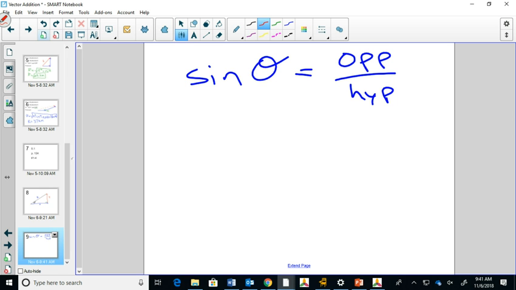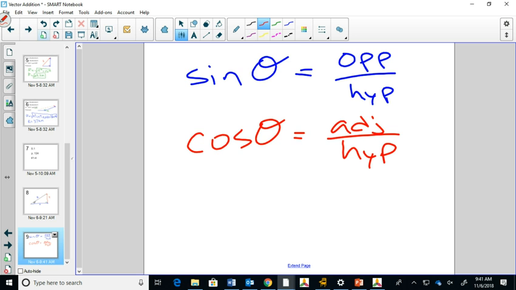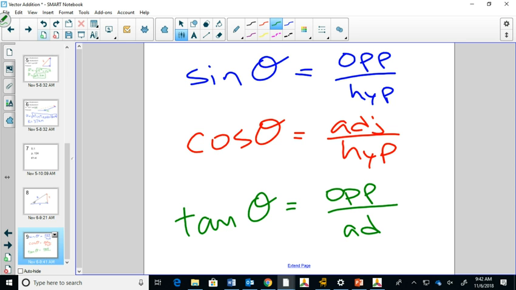If I'm looking for the cosine of theta, cosine is adjacent over hypotenuse. And then last but not least, the tangent, which is not listed there in your textbook. Which one is it? Adjacent over opposite? Or? Okay, just making sure. Opposite over adjacent.